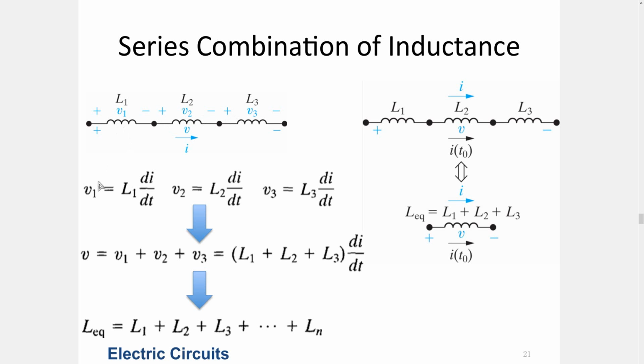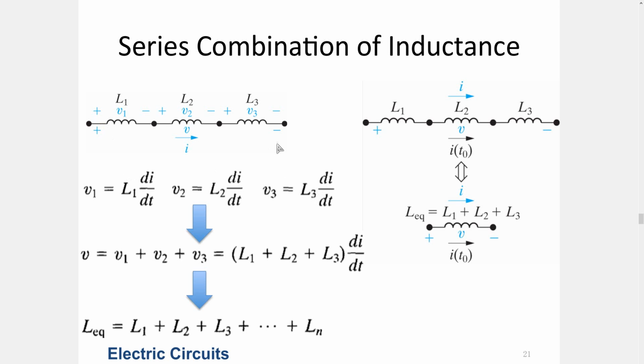If you write down the equation for each voltage, V1 will be equal to L1 times di/dt, V2 will be L2 times di/dt, and V3 will be L3 times di/dt.